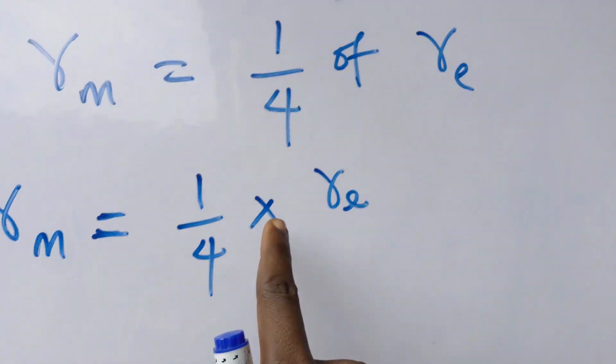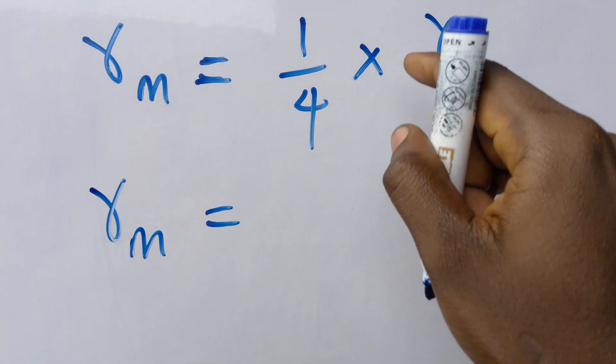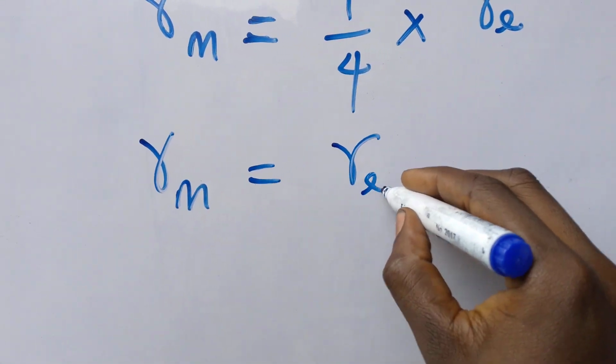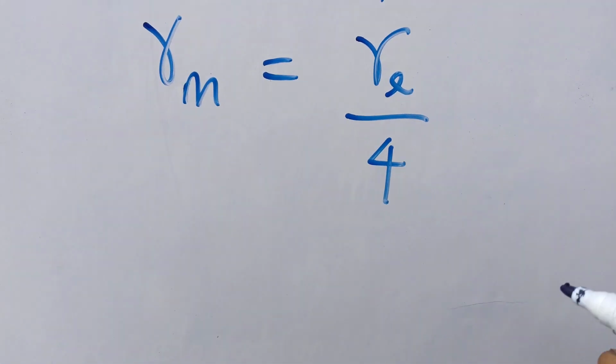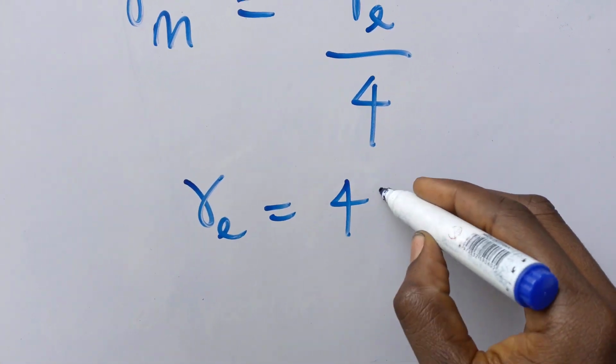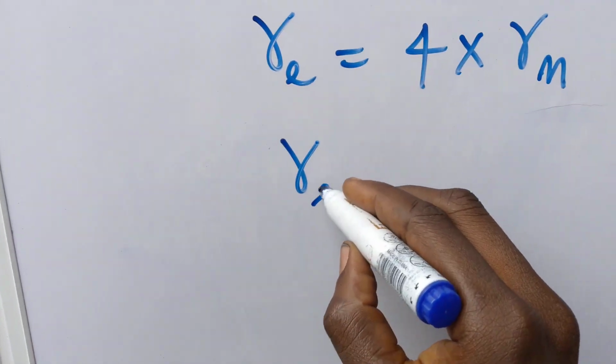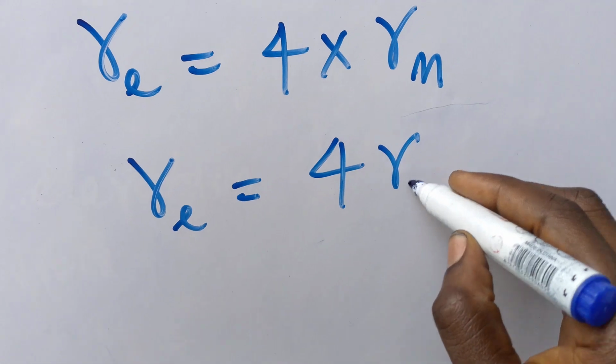Multiplication. And that Rm is equal to 1 times Re, which is Re over 4. If I cross multiply, Re will be equal to 4 times Rm. And I'm having that Re is equal to 4Rm.